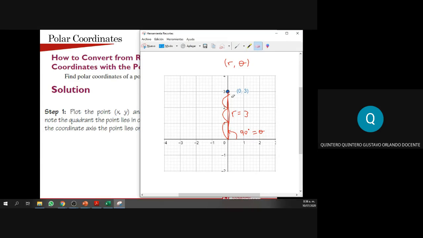Beautiful stuff. So we have r equals 3 and theta 90 degrees. In other words, the polar coordinates for this same point are 3, 90 degrees. Don't forget about the little dot for degrees. Cool. We saw that the last class.